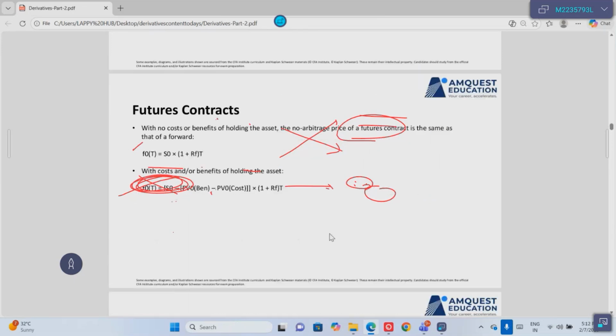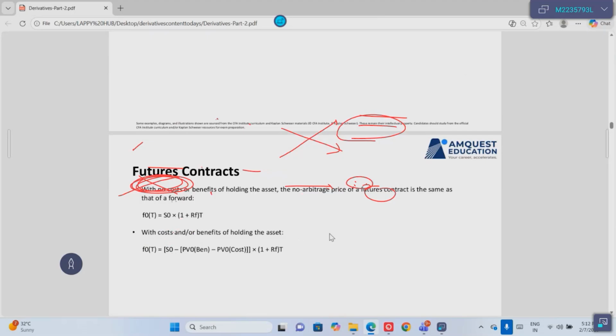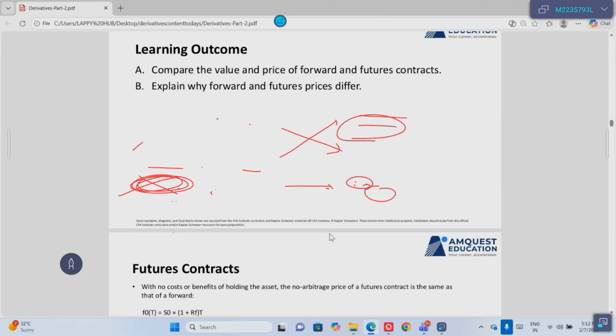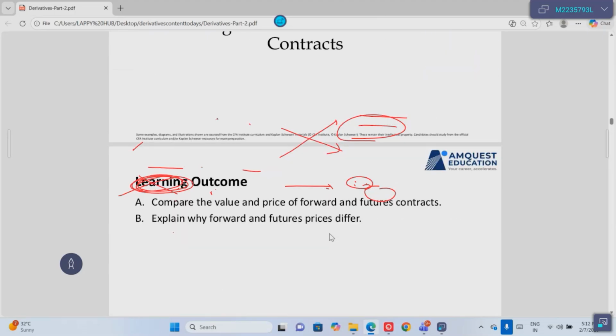We also looked at the differences between the pricing of futures and forwards and their valuation, why they differ in the first place, and what the various factors are which affect futures and forwards valuation changes.